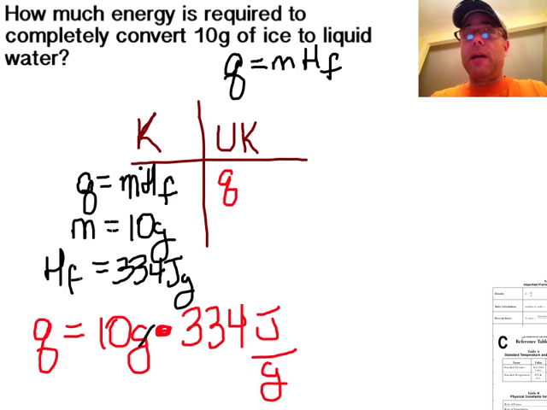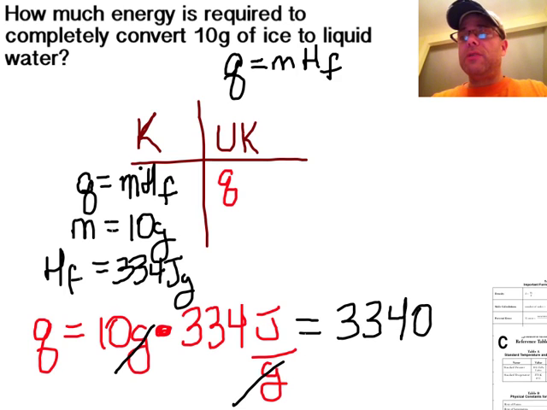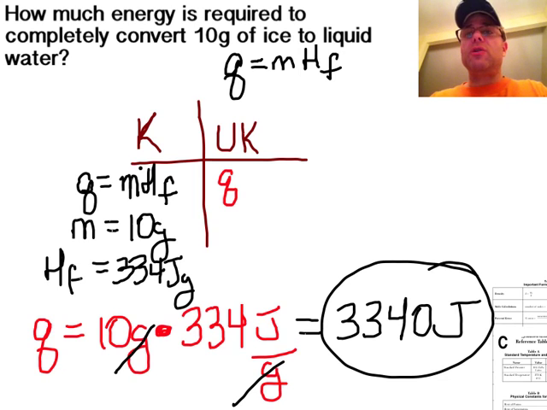Grams divided by grams go away, leaving me with 10 times 334 joules, which is going to be equivalent to 3,340 joules of energy that needs to be absorbed by the water, or the H2O, in order to convert it from ice to liquid.